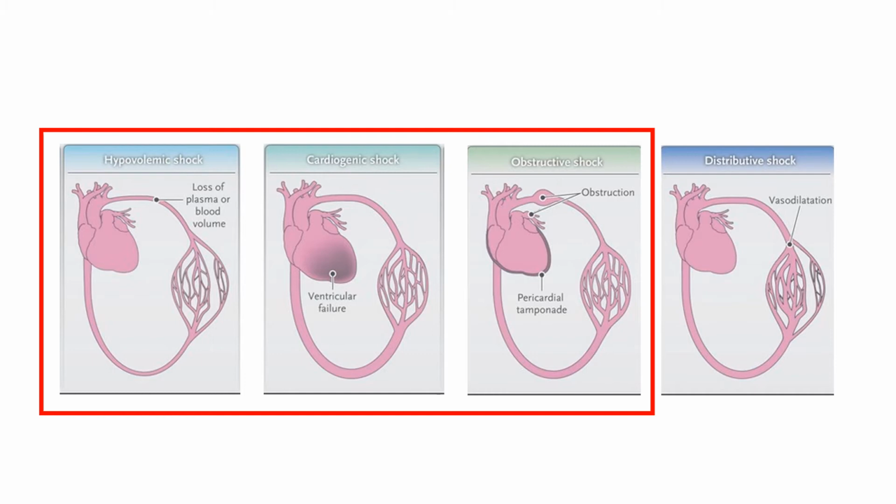Patients with acute circulatory failure often have a combination of these mechanisms. For example, a patient with distributive shock from severe pancreatitis, anaphylaxis, or sepsis may also have hypovolemia and cardiogenic shock from myocardial depression.